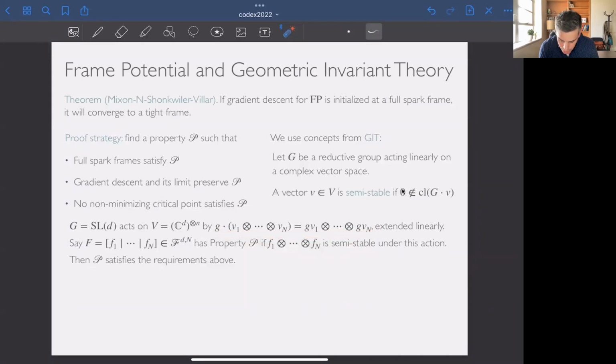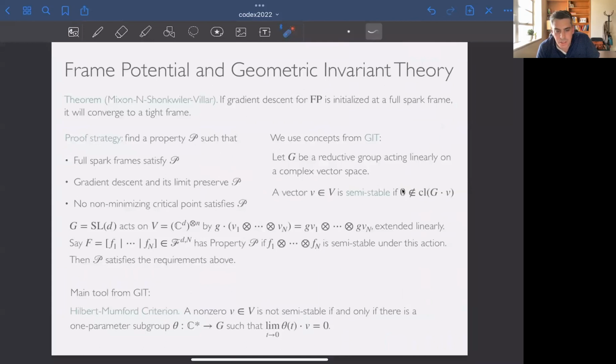Then our property is: a frame F has property P if I can tensor its columns together and it's semi-stable under this group action in the sense of classical GIT theory. So the trick is showing that this property actually satisfies these requirements. And that's, of course, the technical part of this.